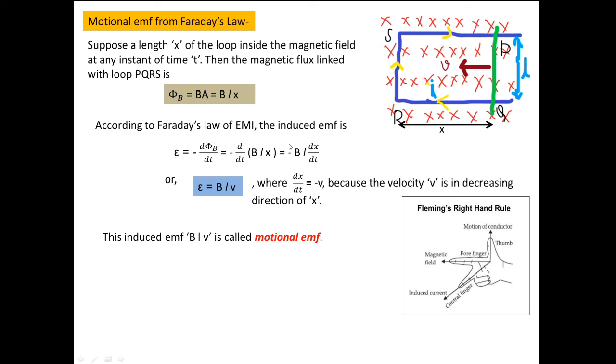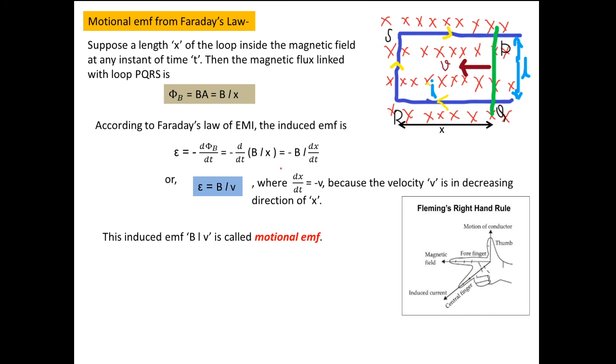According to Faraday's law of EMI, the induced EMF is E equal to minus d phi by dt. So it will be minus d by dt of B L into x, that is the area. So here what we can say, its length is fixed.